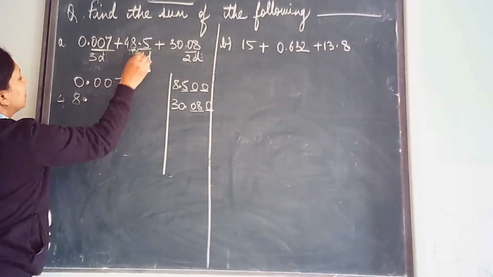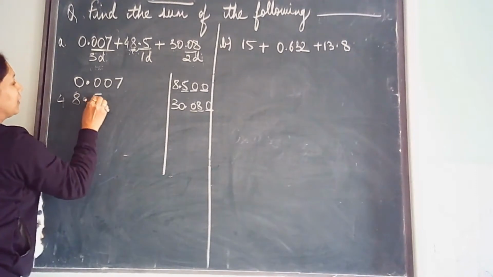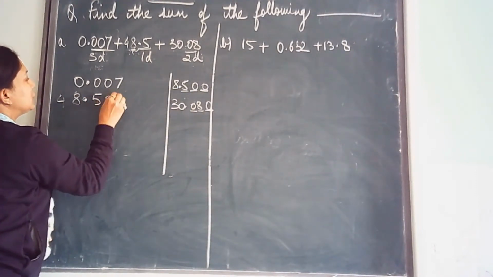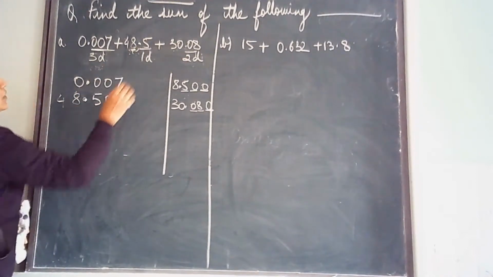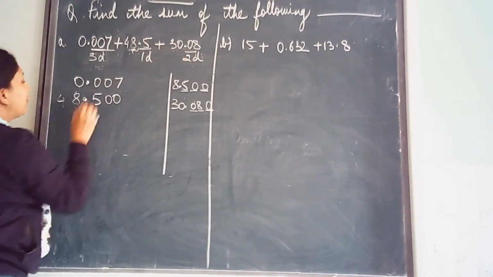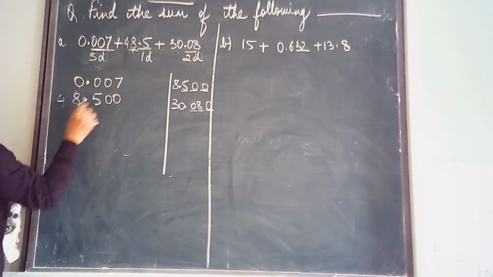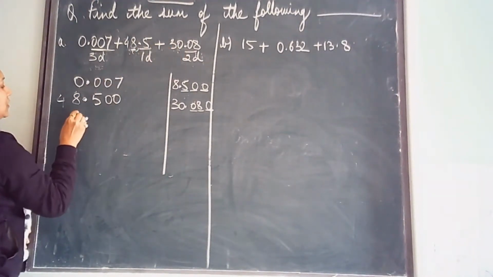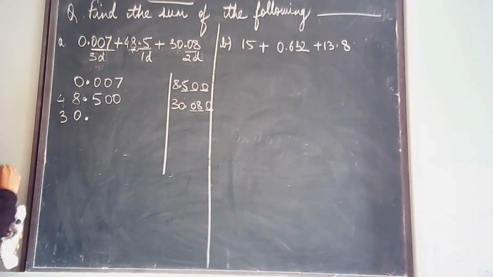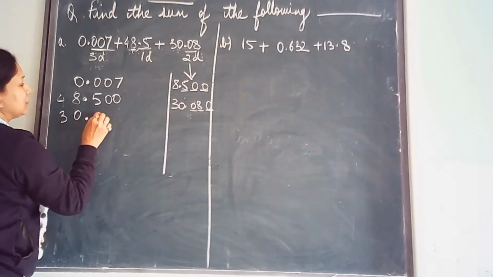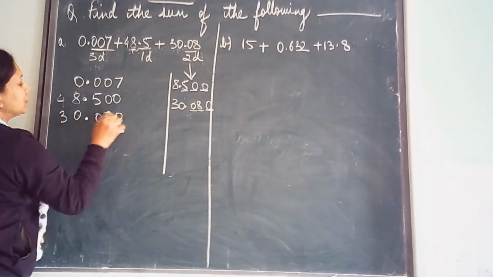Here you check, then you have 0.5, but we have converted it into like decimals, so 0, 0. Same thing here, 30. Write down the numbers before the decimal, starting from the last one. This is 0 and then 3. Then check the number: this will become 0, 8, 0.